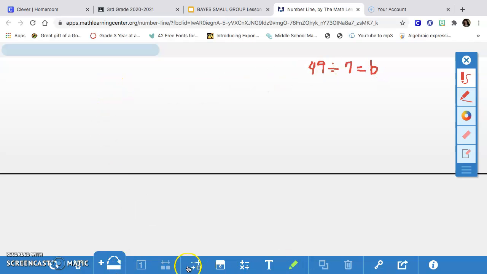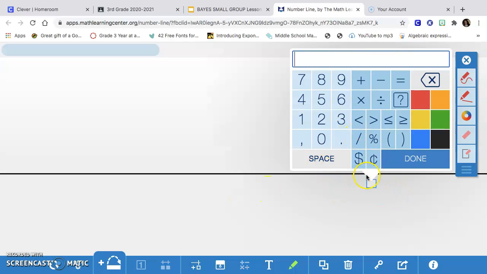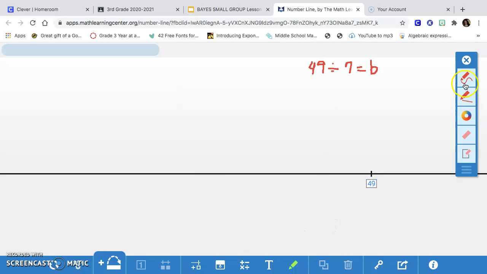Now, when we come down here, I know that I'm going to start out with the number 49 because that's my total. Remember, we talked about what each one of these represents. This would be my whole. This is a part. And when we know the whole number and a part, it tells us that we're going to divide.